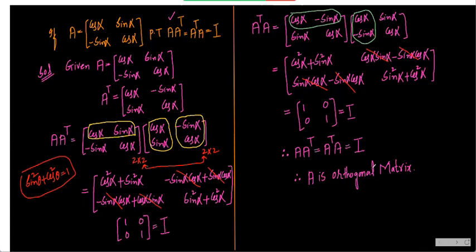Whatever it is, you can ask me so that I can tell you, so that you will get the idea how to do it. Yes. Now let us see some more questions. No doubt in this? No. Okay. Go for another question.